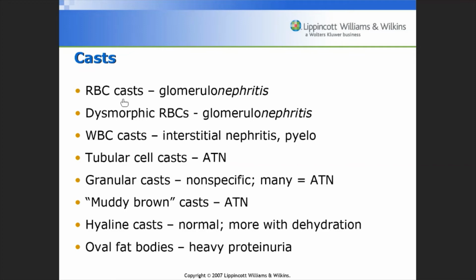We're going to go over that a little bit. And remember that oval fat bodies cast are always associated with heavy protein in the urine, right? One more time: nephrotic syndrome, lots of protein. That means the body is losing the protein, and the liver, trying to make more protein in the process, makes more lipid.